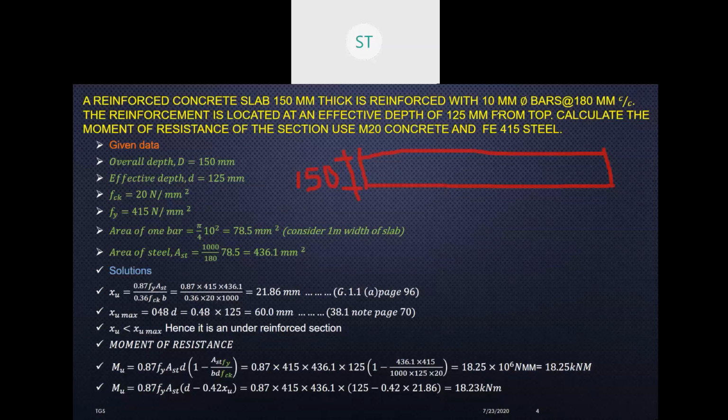And 10 mm dia bars are provided. These are placed at 180 millimeter centers. So this distance is 180. Each bar is placed at a distance of 180.